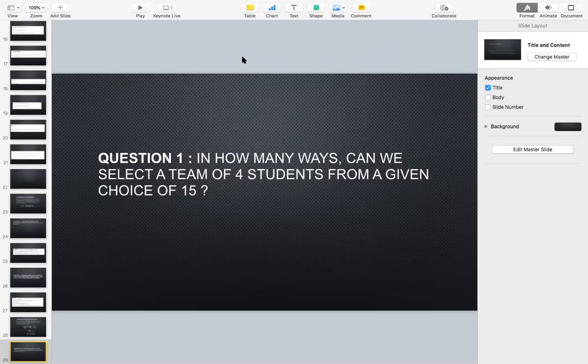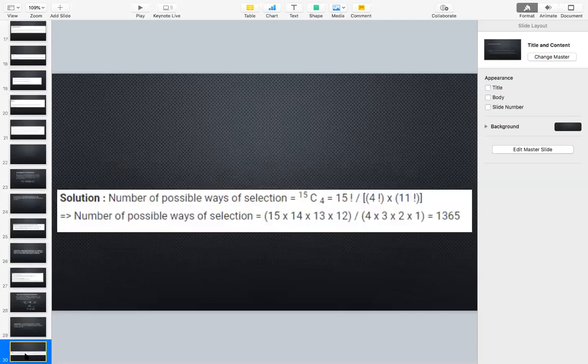You can understand it this way: let's say you had to send 4 people for batting, and you had 15 people with you. The number of ways in which you can send the first 4 people for batting is 15P4. So the answer is 15C4, and you can see how it is calculated.